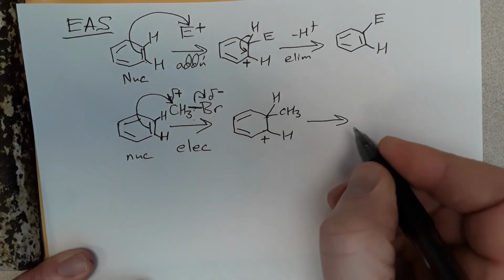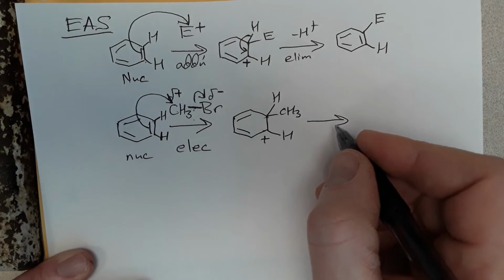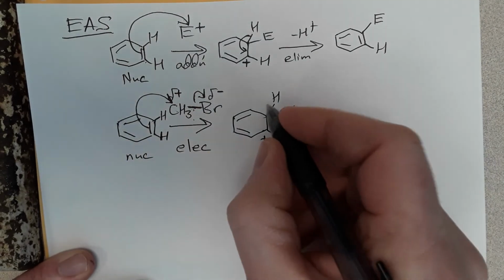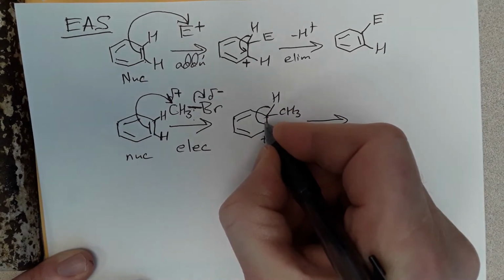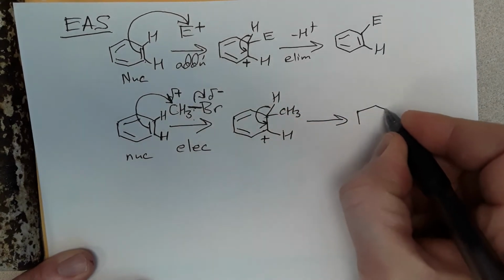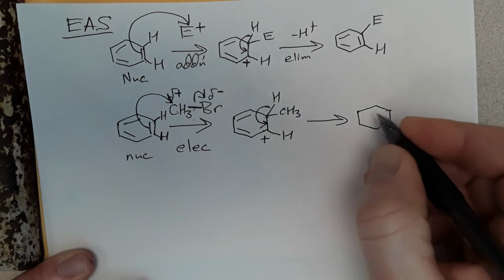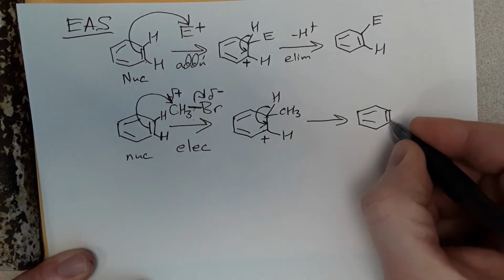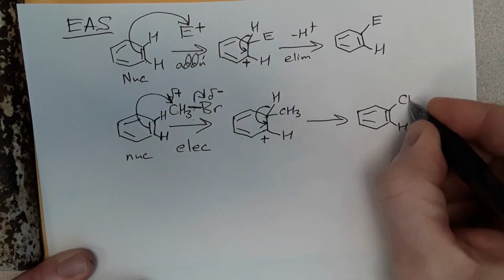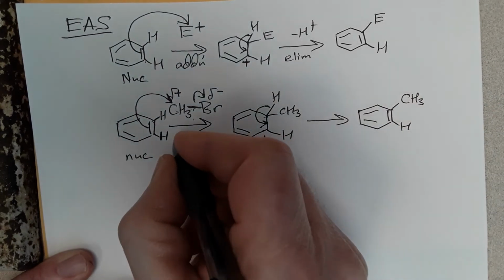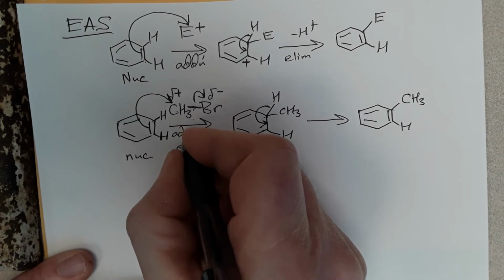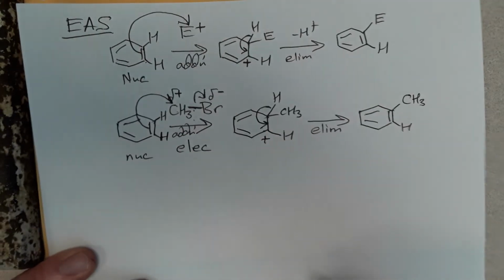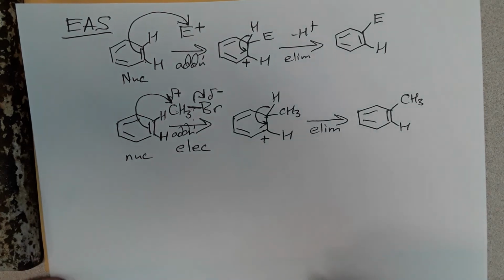And then step number 2, so that was addition, right? You're breaking the pi bond. And step number 2, you're reforming the pi bond, losing H plus in an elimination reaction. So addition and elimination. Okay? Same mechanism no matter what the electrophile.